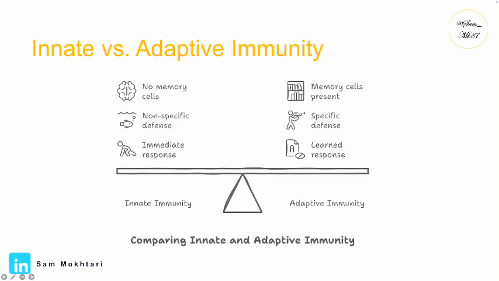The immune system, as I mentioned, is composed of two complementary branches: innate immunity and adaptive immunity, which work together to protect the body from infection and maintain overall health. Innate immunity is the first line of defense, the body's non-specific, immediate response to any potential threat. It is present from birth, and it does not require prior exposure to a pathogen.